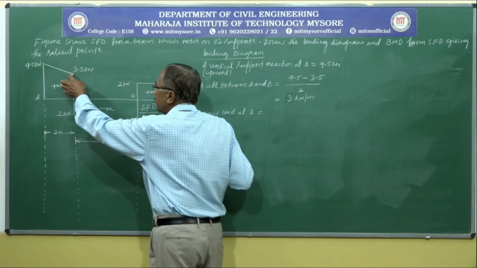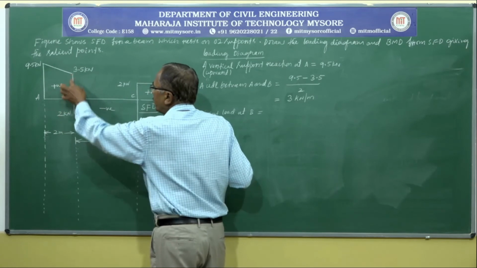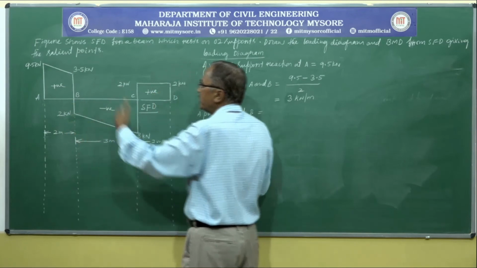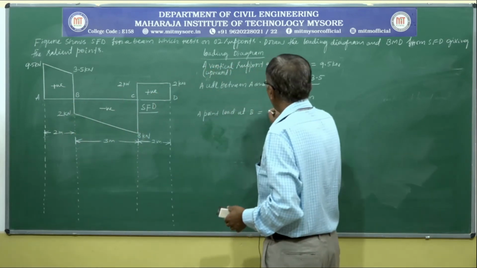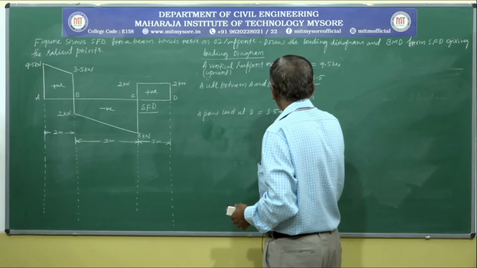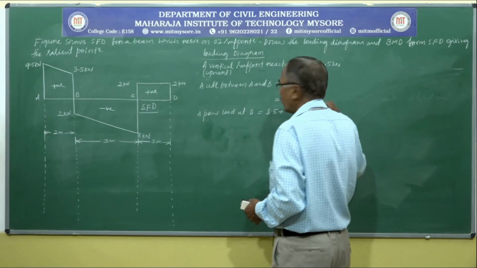So vertical line extends to a magnitude of 3.5 kilonewton above reference line and 2 kilonewton below reference line, means it is 3.5 plus 2, that is equal to 5.5 kilonewton.